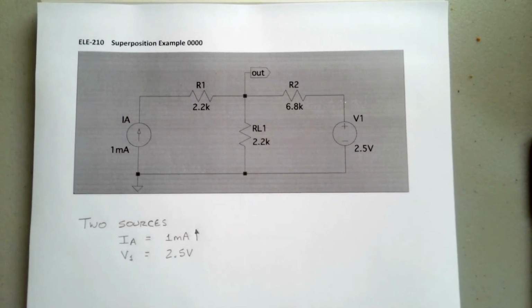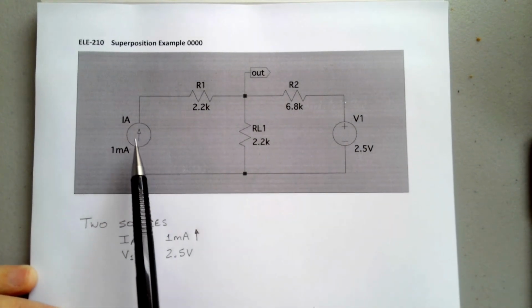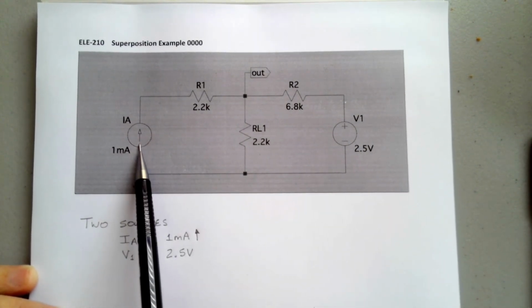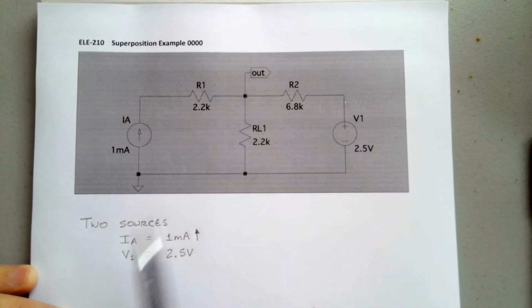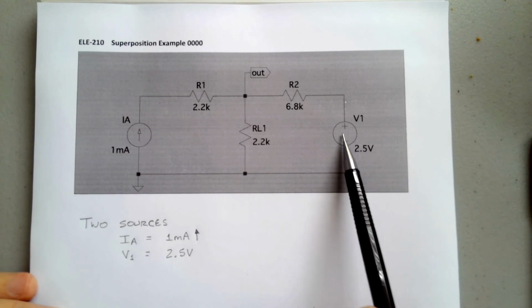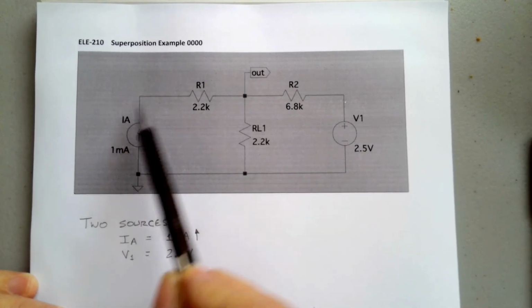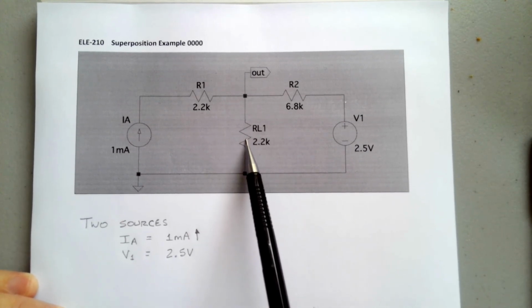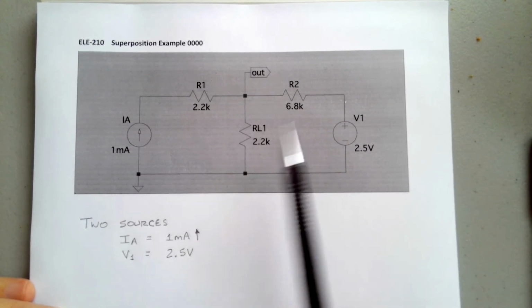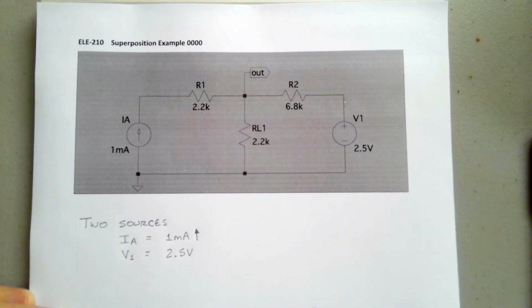So we're going to have to do that procedure where, when we consider V1, we're going to have to deaden IA and figure out what the load voltage is. Then we're going to have to deaden V1 and, using IA, find out its contribution to the source voltage or current. You can do either one, and then add them together and we'll have our answer.